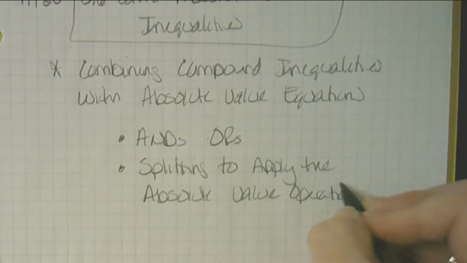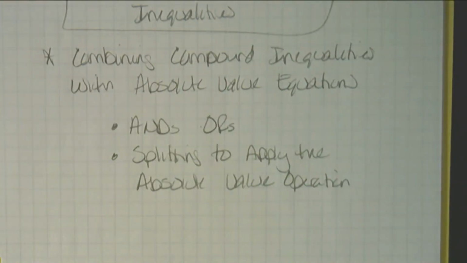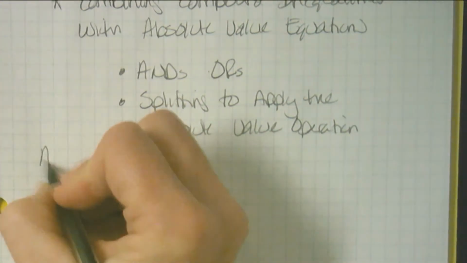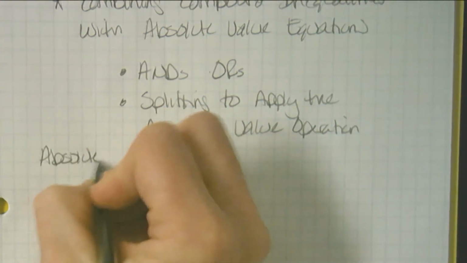So this is combining our compound inequalities and our ands and our ors. We're going to talk just about ands today, but I want you to see what they both look like. When we talk about splitting, so when we talk about absolute value equations, this is a review.